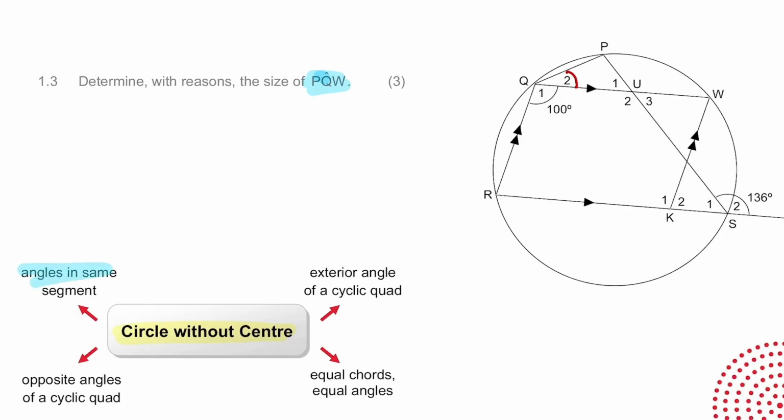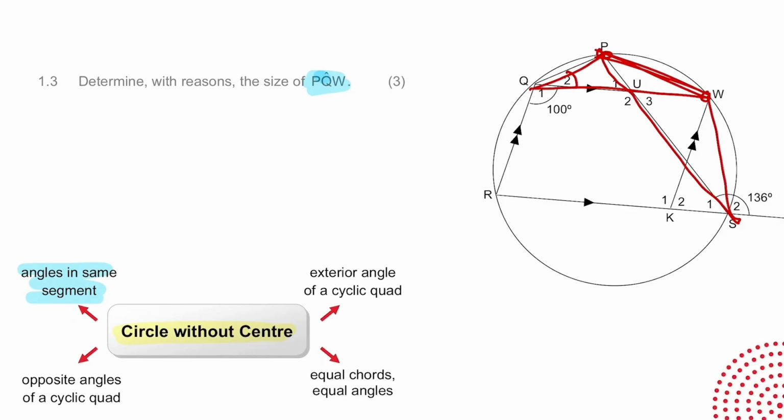Perhaps we should consider the angles in the same segment. If we're going to do that, we need to trace back this angle to the circle. We can see that it's coming off the circle from an invisible chord at PW. But a quick look at that will tell you you don't have angles in the same segment, because if you try to get back to the circle from P, you could come to S, but that's not joined up.